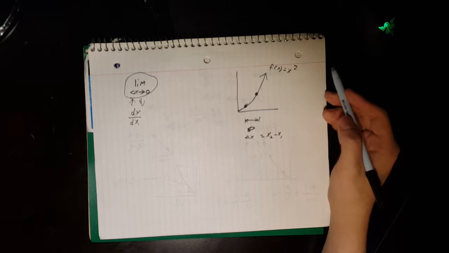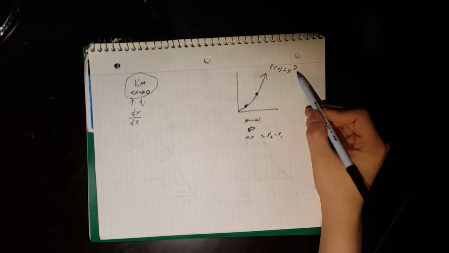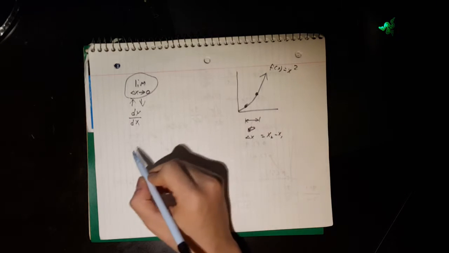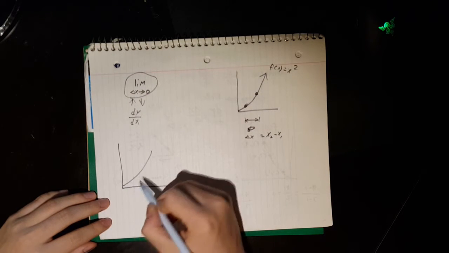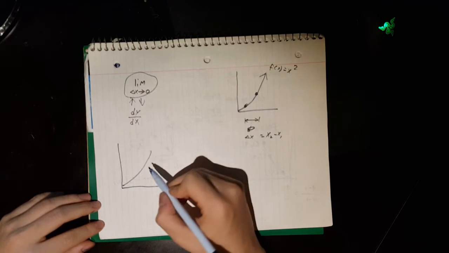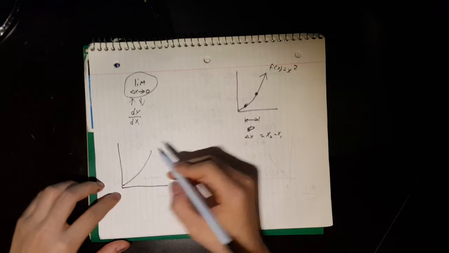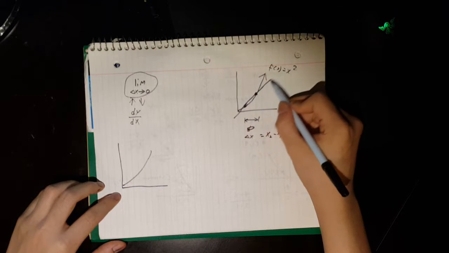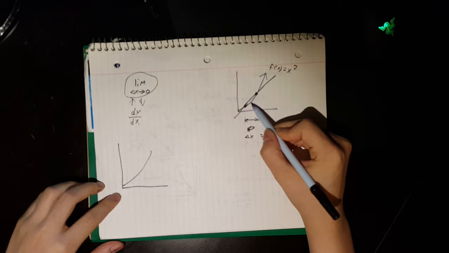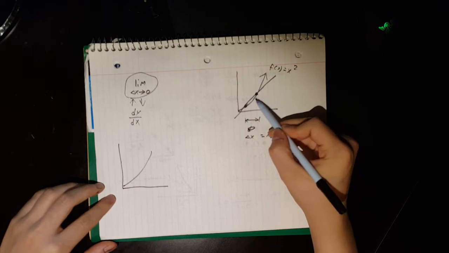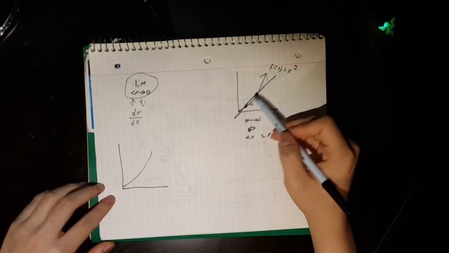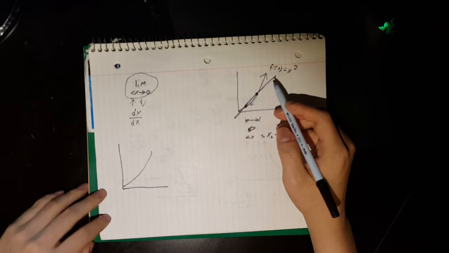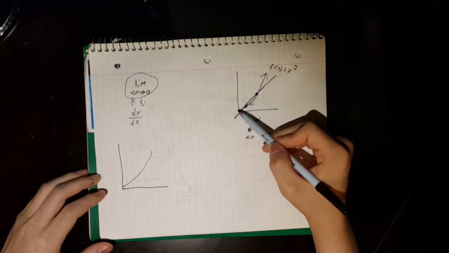So what happens? As our dx approaches infinitely close, we started with this line that has some gap in between, right? But if this gets so close, this line that represents a slope is going to be tangential to the original function.